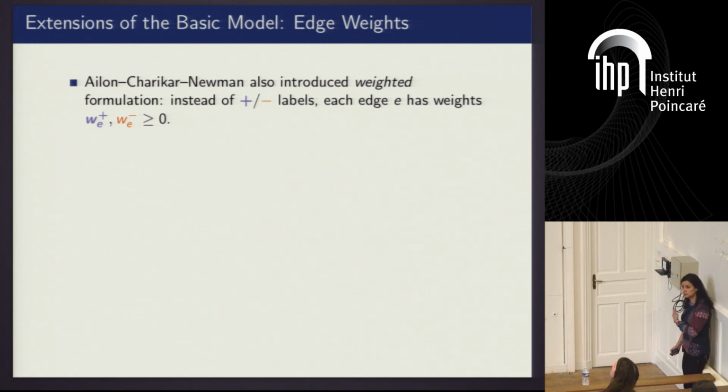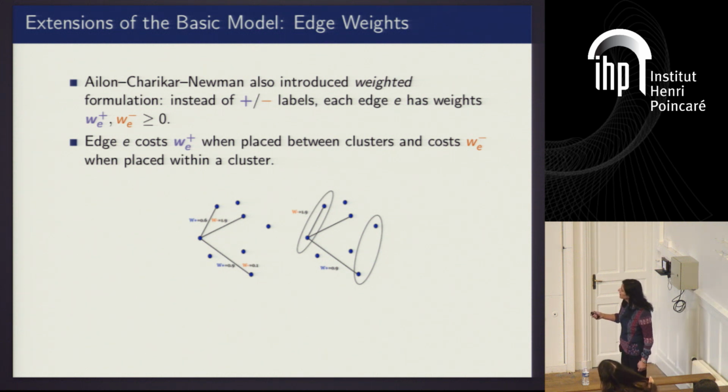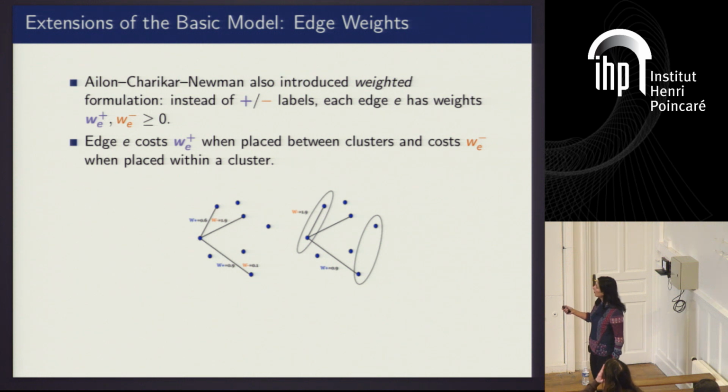And I just briefly say that the edges don't just have to be plus and minus edges indicating that people like or dislike each other. They can be weighted edges indicating the degree with which you like or dislike someone. So for example, I can assume, and this was in the original formulation from Bansal, Blum, and Chawla, that each edge comes with two costs, a positive cost and a negative cost. And I apply the negative cost if I put the two vertices within the same cluster.